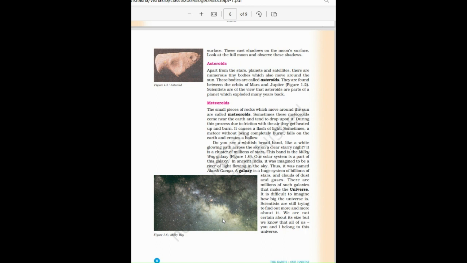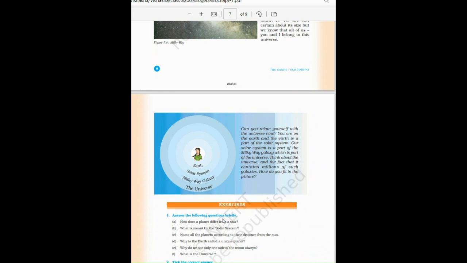Okay, so in this diagram, you'll be able to understand. See, this is our universe. Under the universe comes the Milky Way galaxy or the Akash Ganga galaxy. Under the Akash Ganga galaxy comes the solar system, and in the solar system, our Earth comes. This is a beautiful diagram to sum up this chapter.